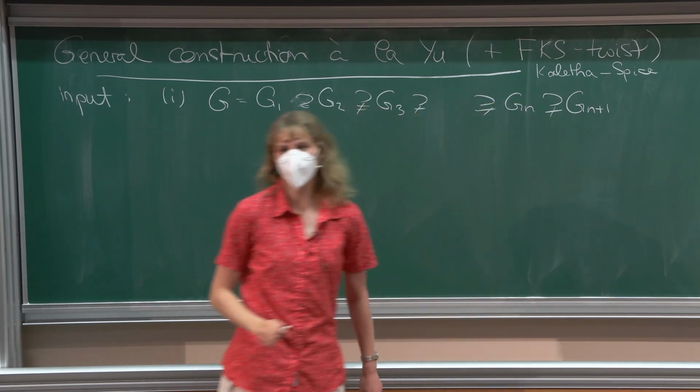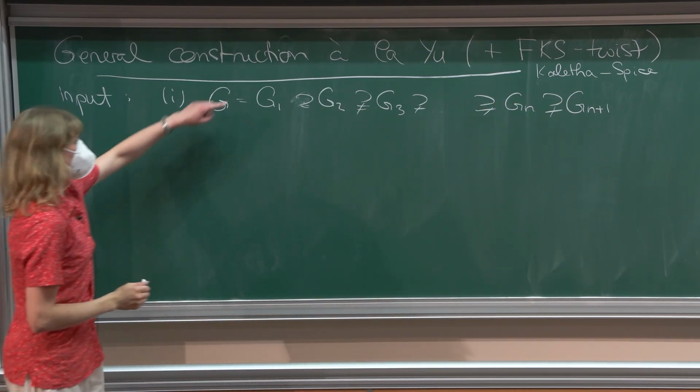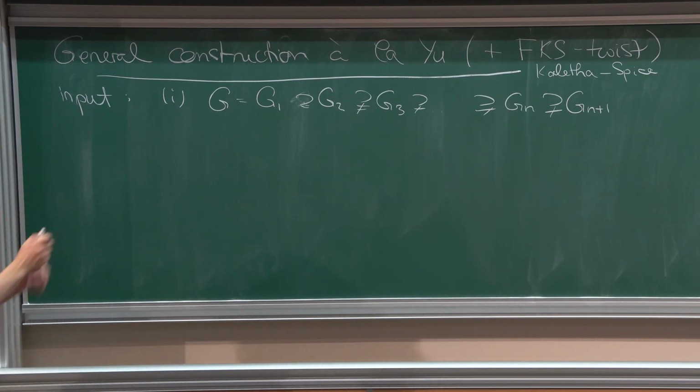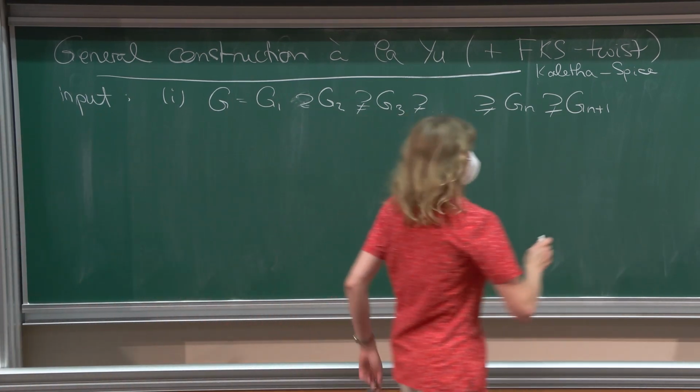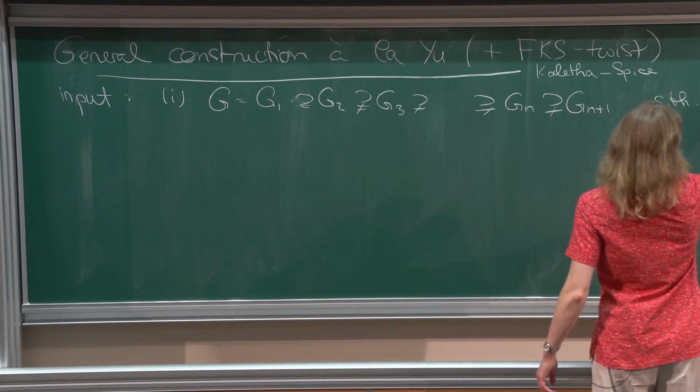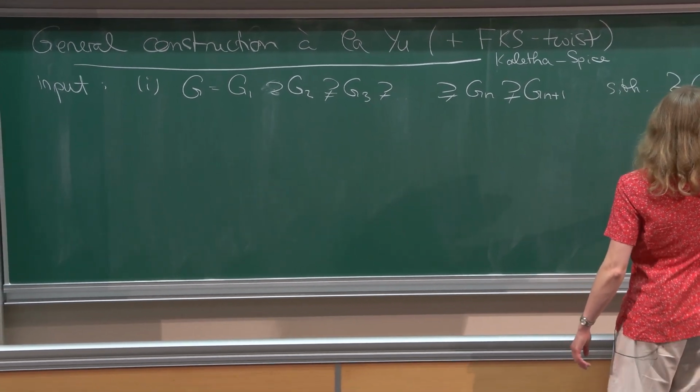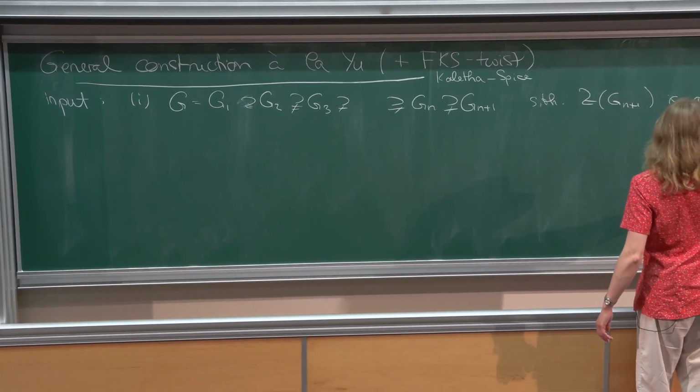That's my way of indexing things. JKU indexes them by upper numbering and has the reverse order. Each has their advantage. And we assume that the center of Gn plus 1 is anisotropic.